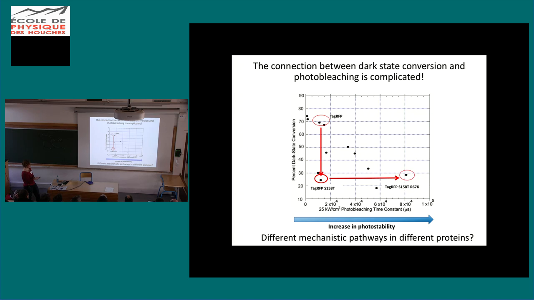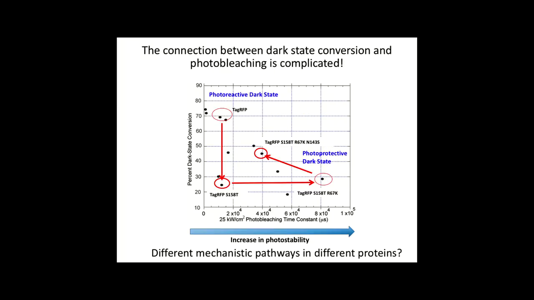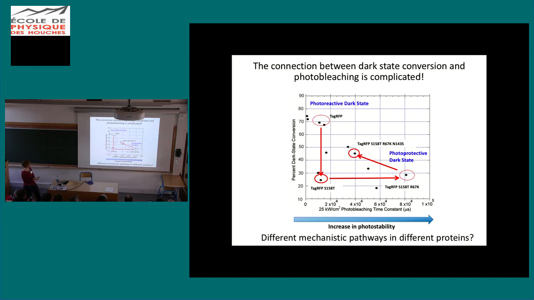You can take that same protein and make one single point mutation, and we don't change the dark state conversion at all, but we can dramatically increase the photostability. But there are other times where we make one single point mutation and we do both. So what this cycle suggests is that in this case, the dark state is very reactive.